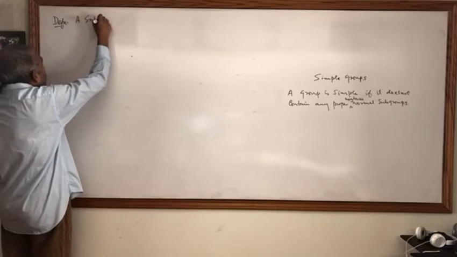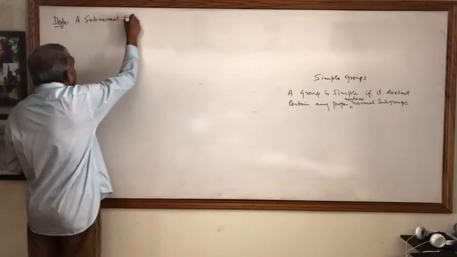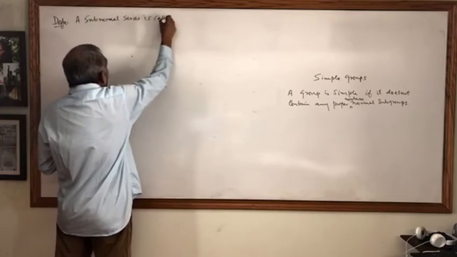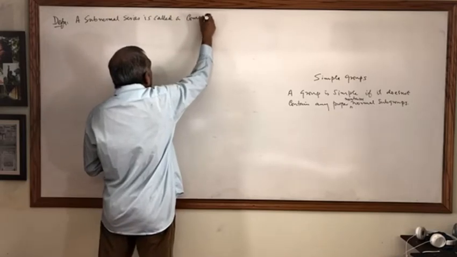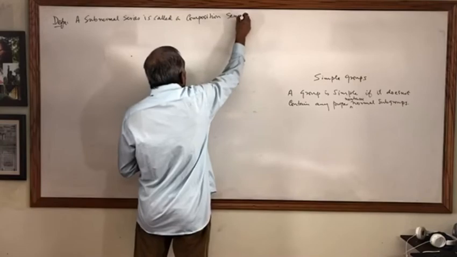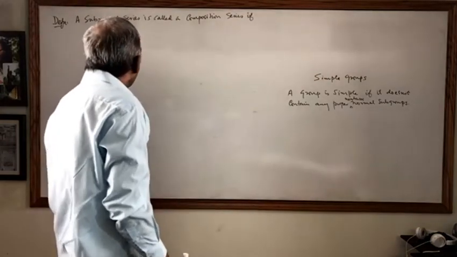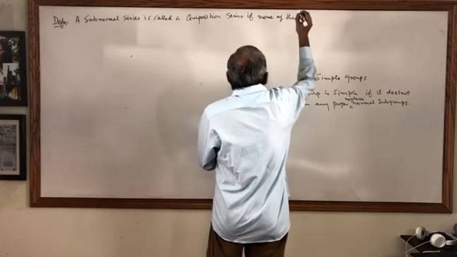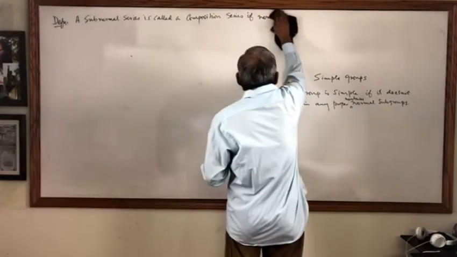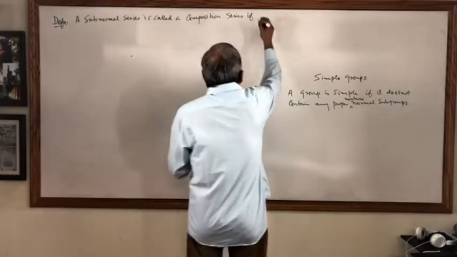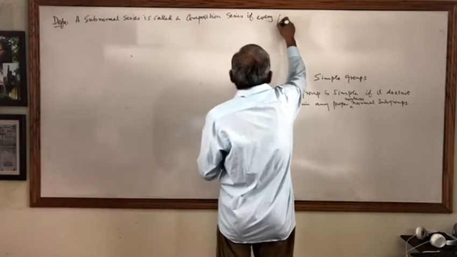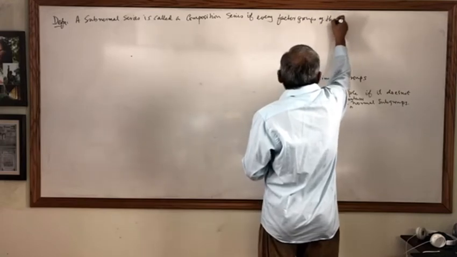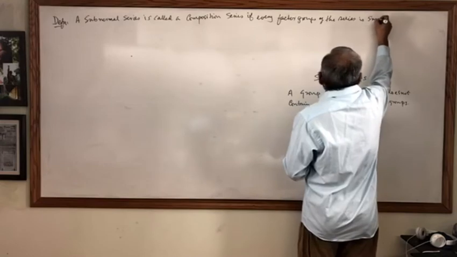A subnormal series is called a composition series if every factor group of the series is simple.